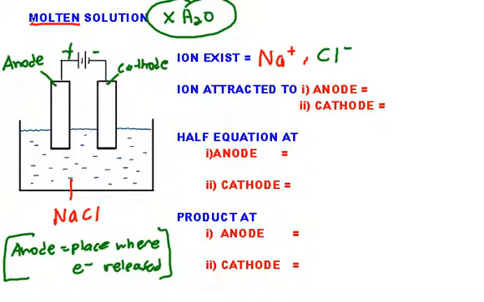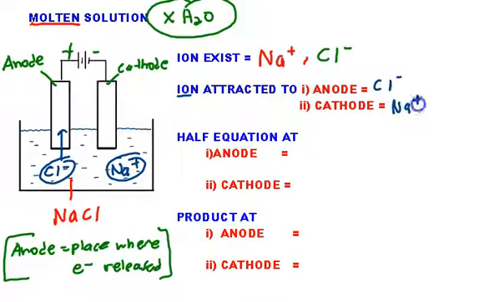So now when you have the chloride ion as negative and the sodium ion as positive, obviously the negative ion will be attracted to the anode. So the ion attracted to the anode is the chloride ion, and the ion attracted to the cathode is sodium.